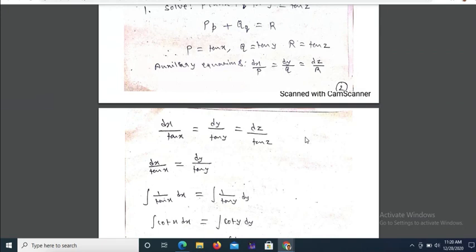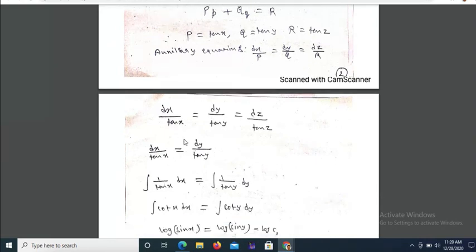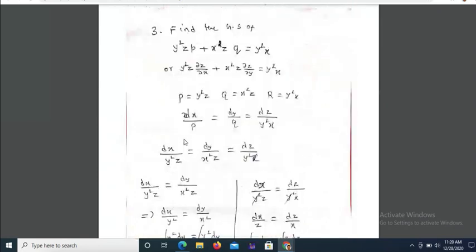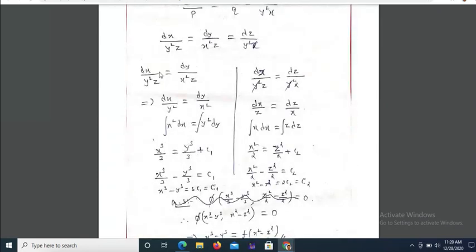Otherwise, it is not taking Lagrange's method. That's the meaning. Correct? Because if you are getting x or y here, dx by x only, it should be independent of y terms and z terms. It should be. See, in this last problem, the third problem, we have z terms. Actually, it should not be there.